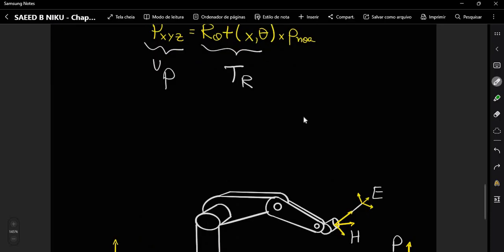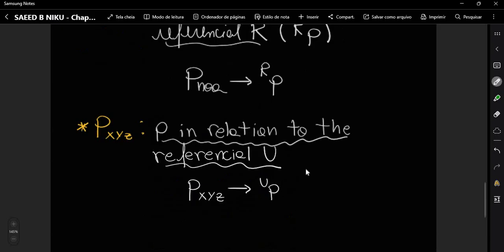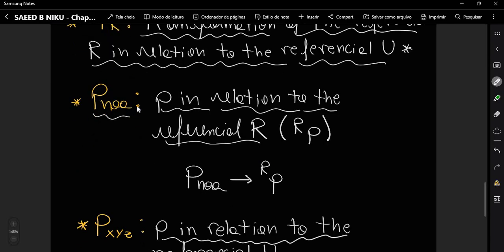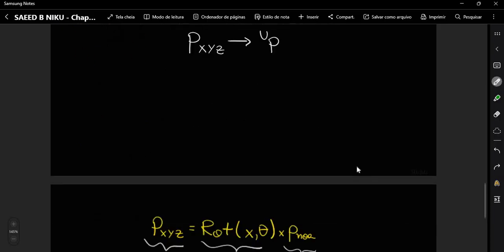And finally, we have the coordinates of the point of the fixed reference system, rotative reference system, sorry, which is P in relation to the referential OR. So that's how we read this notation: P in relation to the referential OR.